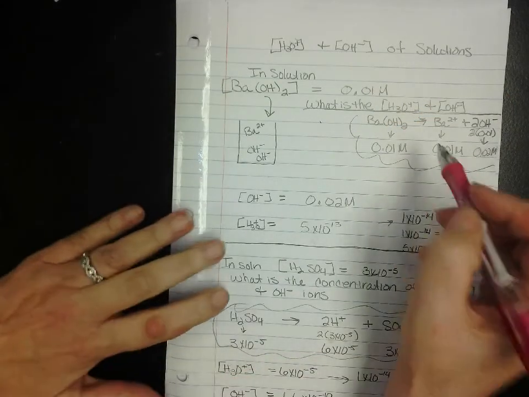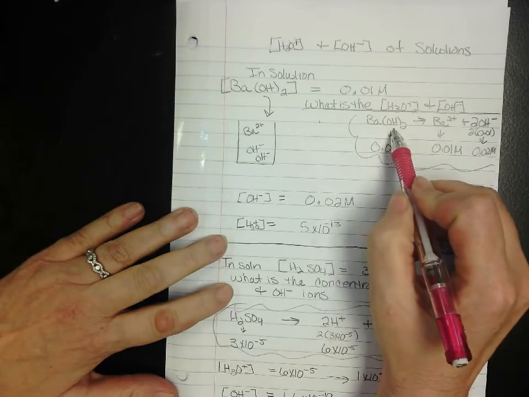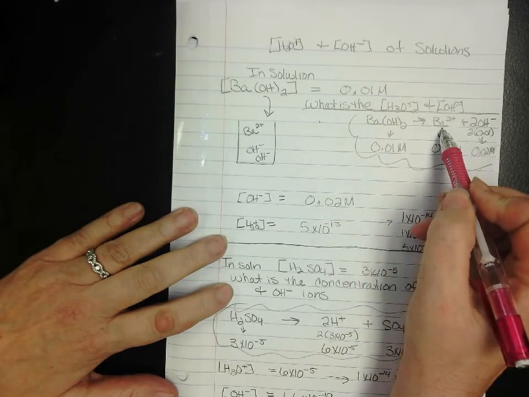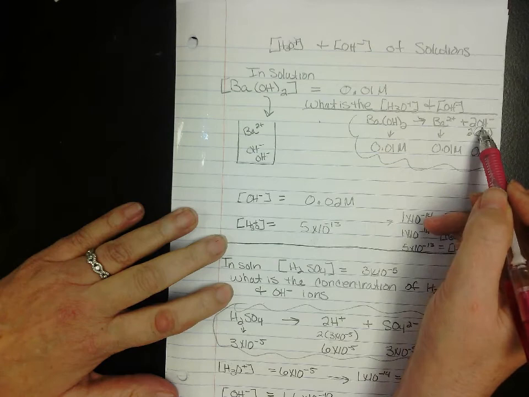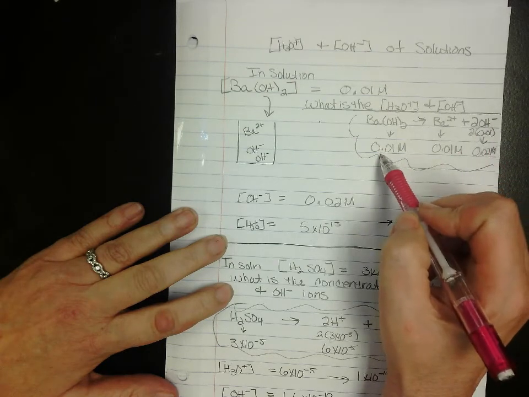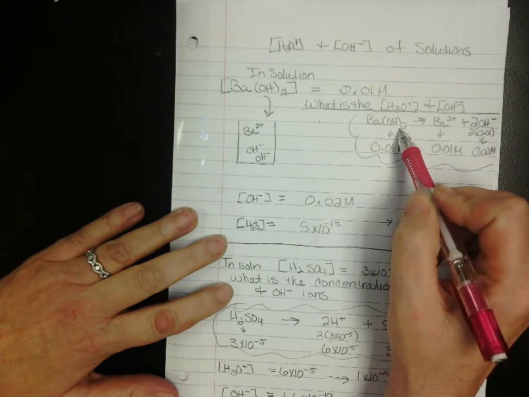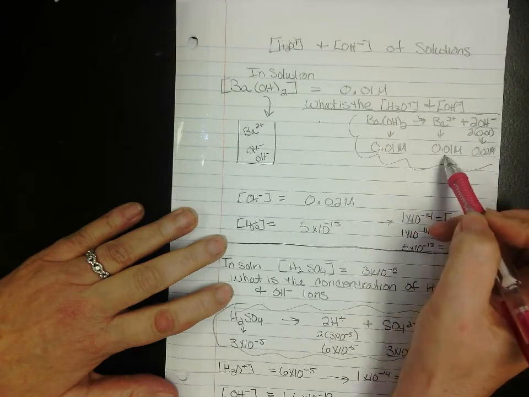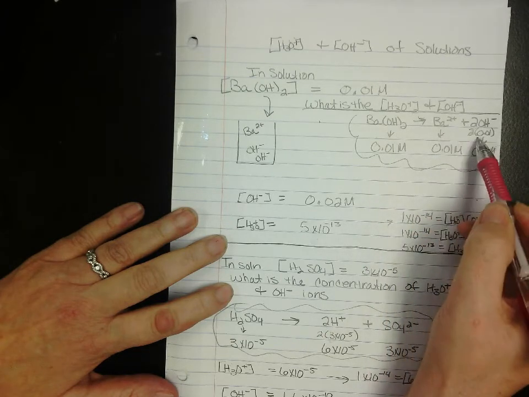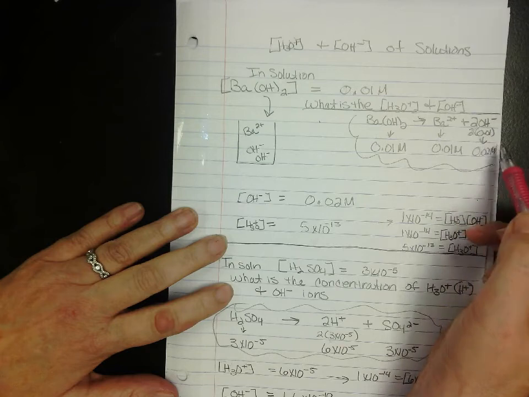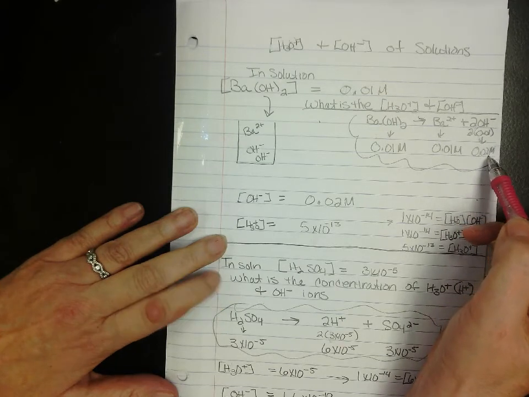It makes 2. So if we look at this, barium hydroxide breaks into a barium ion and 2 hydroxides. So if I have 0.01 molar of barium hydroxide, it's going to break apart into 0.01 molar of barium, but then I have 2 times the amount of hydroxide, so that's going to be 0.02 molar.